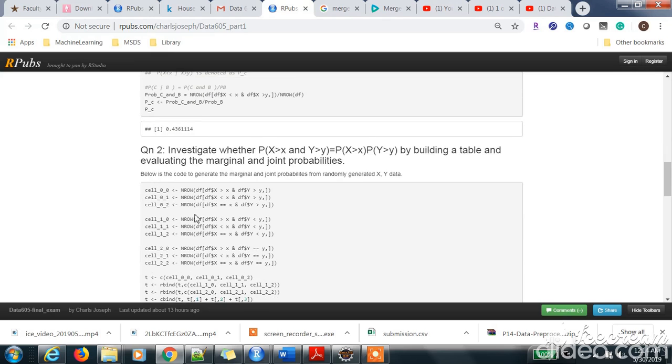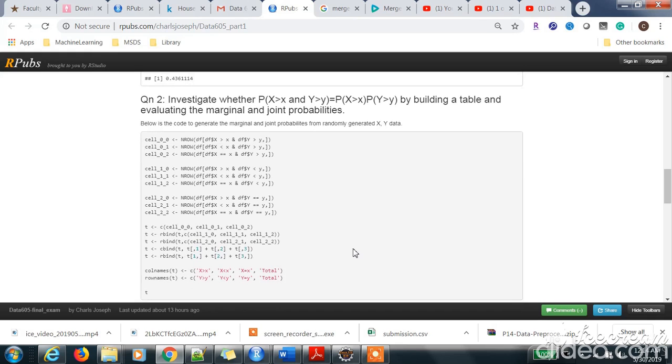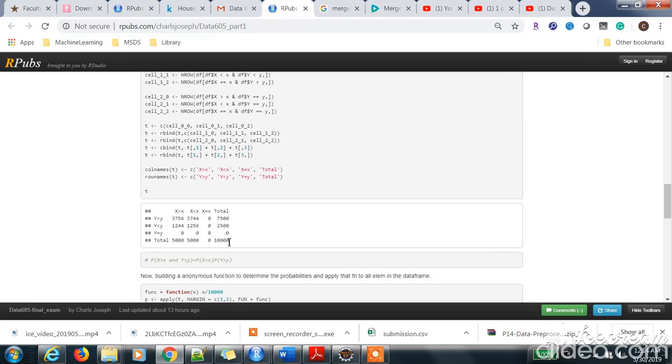Okay, and the second question is to investigate whether probability of A and B equals probability of A multiplied by probability of B. So in order to do that, we need to build a contingency table using these formulas, and I made a contingency table like this.